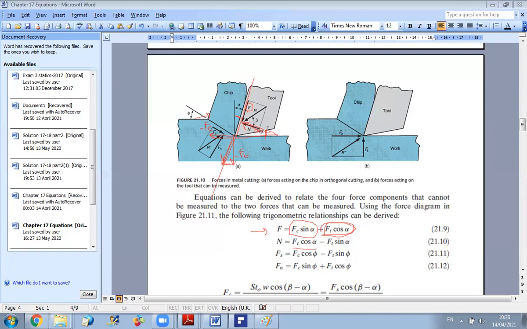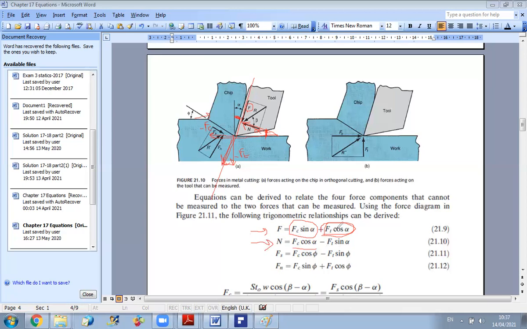Why is it alpha? The horizontal line is perpendicular to the vertical, and N is perpendicular to the rake face, so these two lines form alpha, and the two perpendicular lines to these will also form alpha. So if I project Fc on N, I get plus Fc cosine alpha and minus Ft sine alpha. This gives me the relation of N with the cutting and thrust forces.